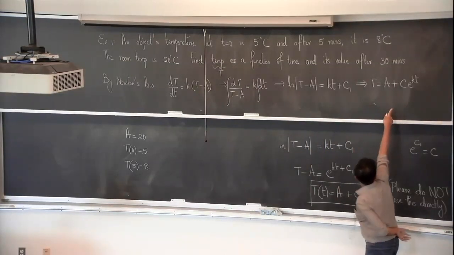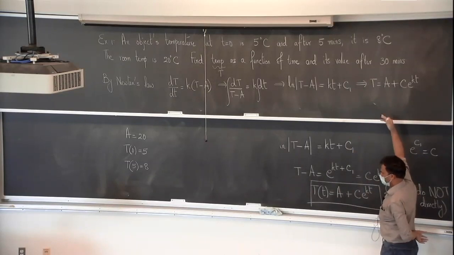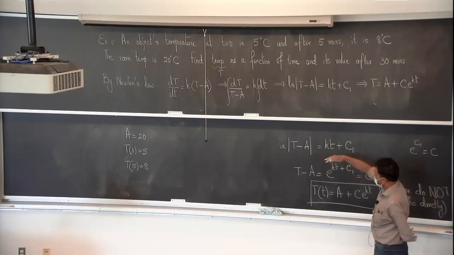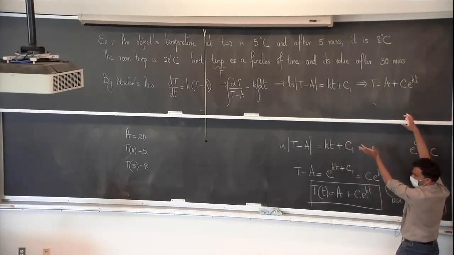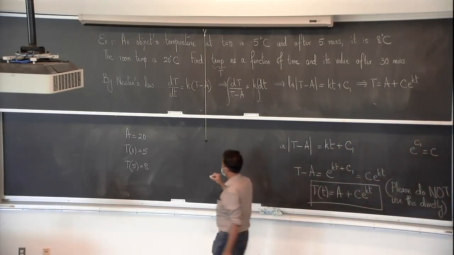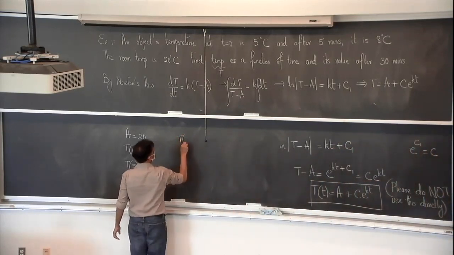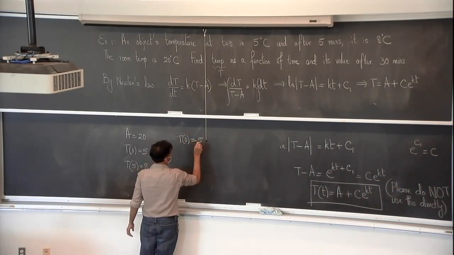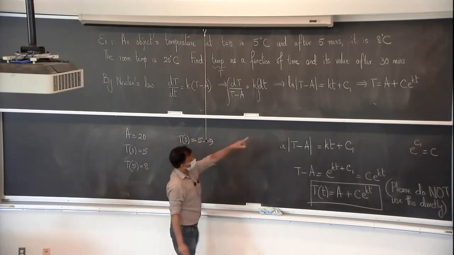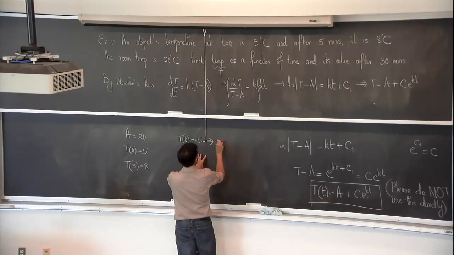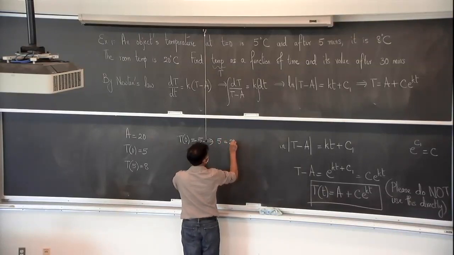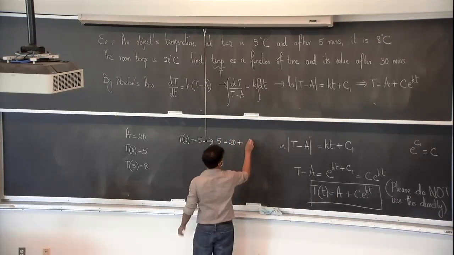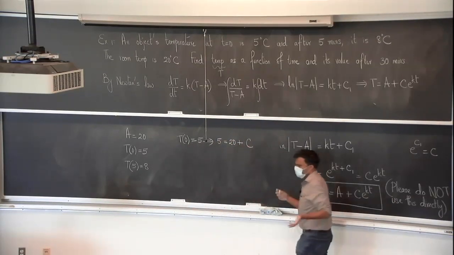Now, go to the solution here and try to make some good decisions about what you can do. Let's use the value at 0, because that's going to at least get rid of one of the constants and focus on the other one. So when t equals 0, T is 5. So that's going to be 5 equal to A, which is 20, don't forget, plus C times e to the power of 0, which is 1.